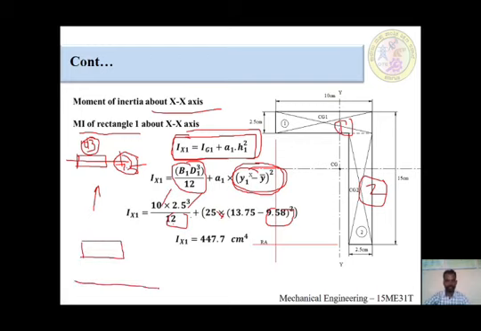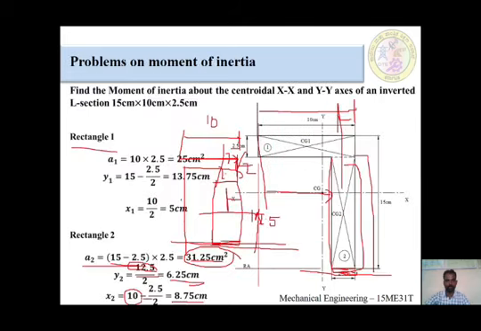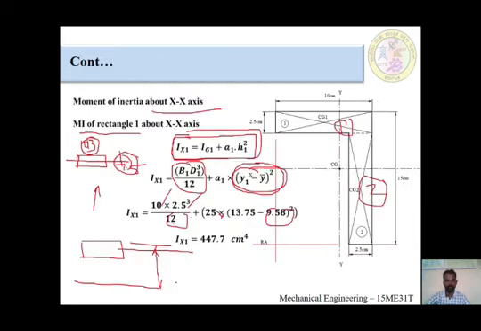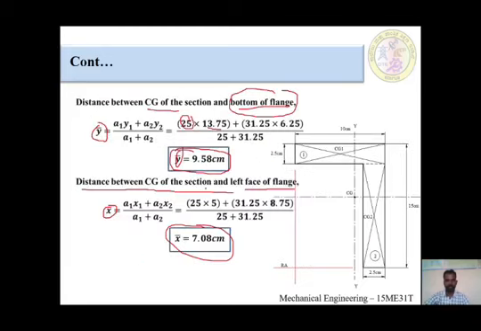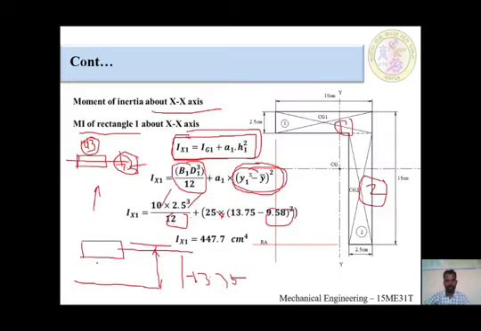Here is the y reference. From here to here it is half of the component. Half of the component is 15 minus 2.5 divided by 2, which we got as 13.75. Up to here we got 13.75. How much did we get for y bar? Y bar we got 9.58.